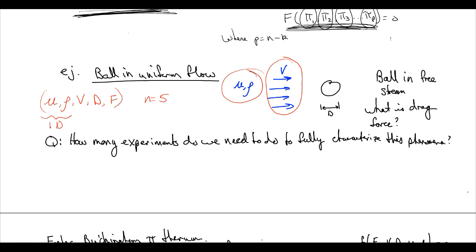We're measuring F. That's what we're measuring in our experiment. And we're going to vary the velocity, let's say just 10 times. And we're going to vary the diameter of our ball 10 times. Well, that gives us 10 times 10 times 10 experiments, which means we're going to have to do 1,000 experiments.